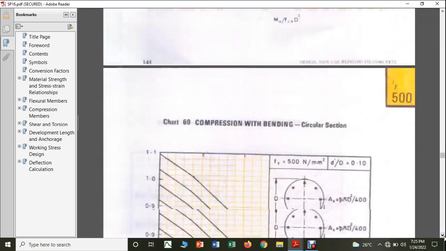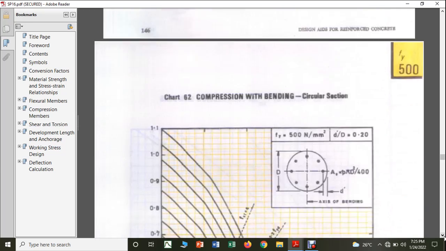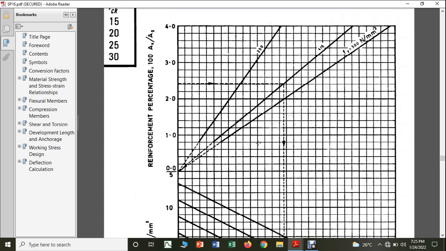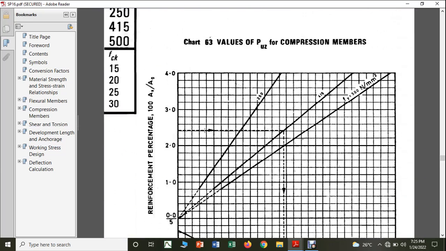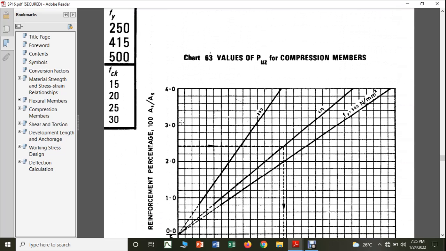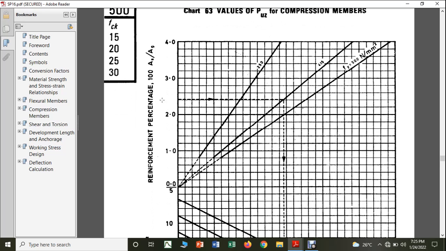Yes, you can see here, go to chart number 63. In chart number 63, you have the 100 AST by AG value we have already calculated, based on whether it is 250, 415 or 500. So cut that corresponding line.